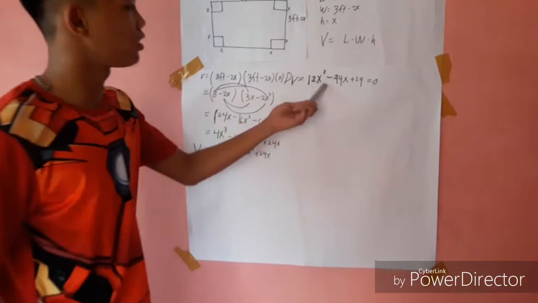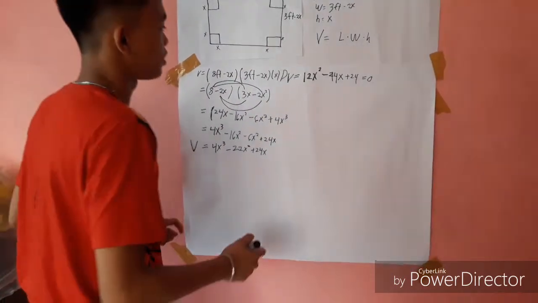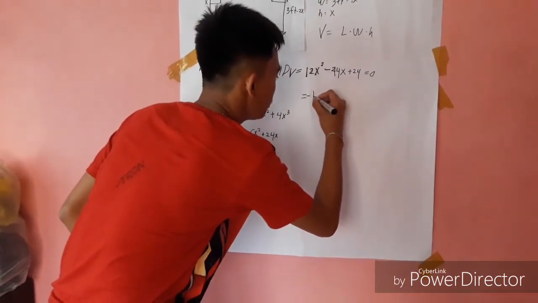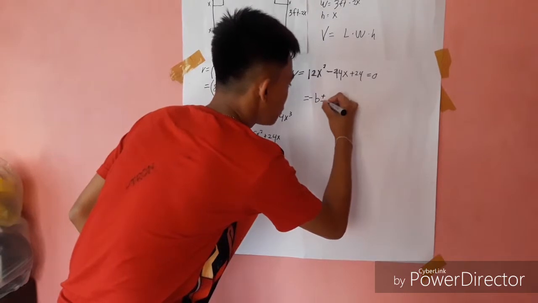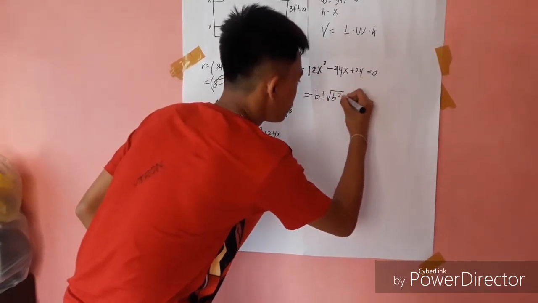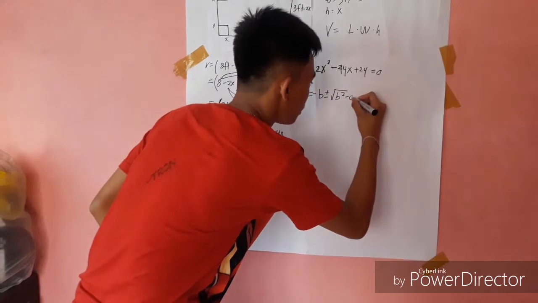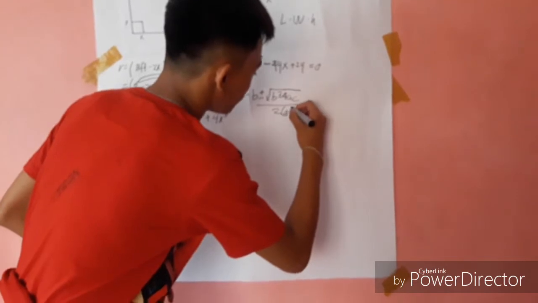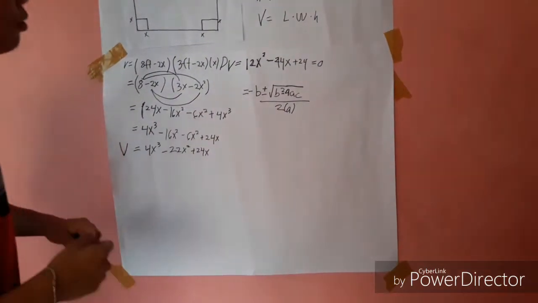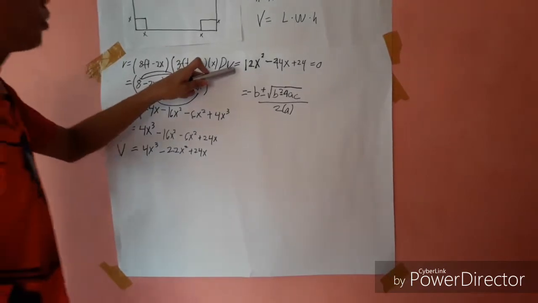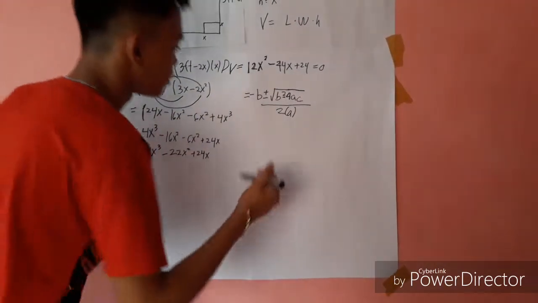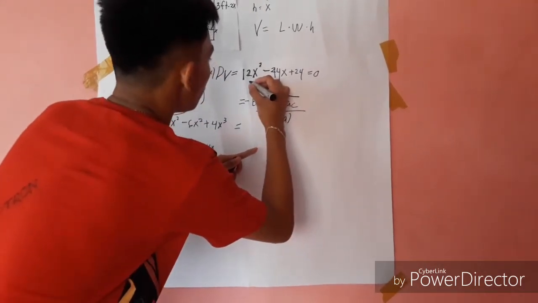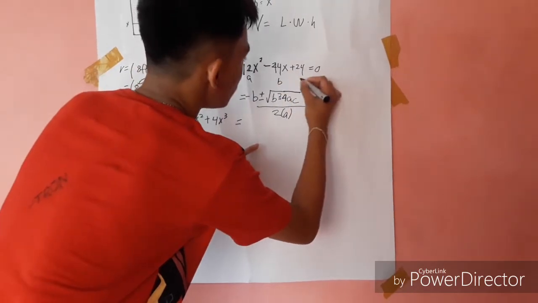So next, we're gonna use the quadratic formula, and the quadratic formula is negative b plus or minus the square root of b squared minus 4ac, all over 2a. So substitute the derivative of volume using the quadratic formula. So here's our a, b, c.